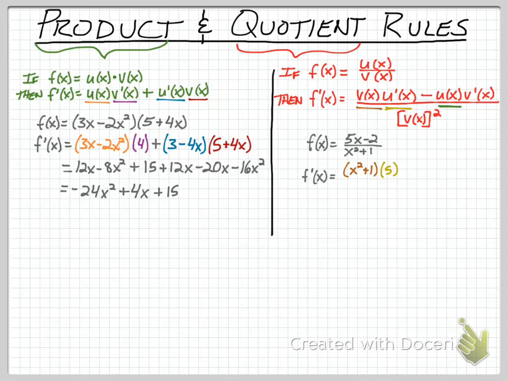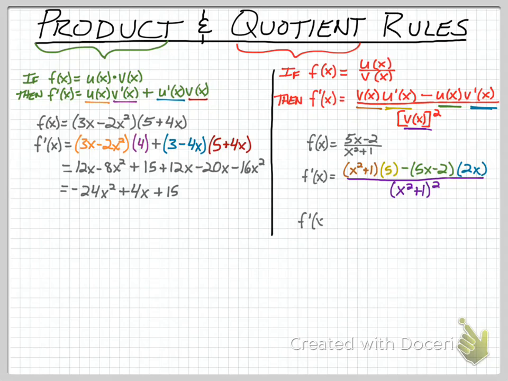Then minus u of x, so minus 5x minus 2 times the derivative of v of x, and that's going to be 2x. And we're going to take all of that over v of x squared, so it's going to be x squared plus 1, all squared.